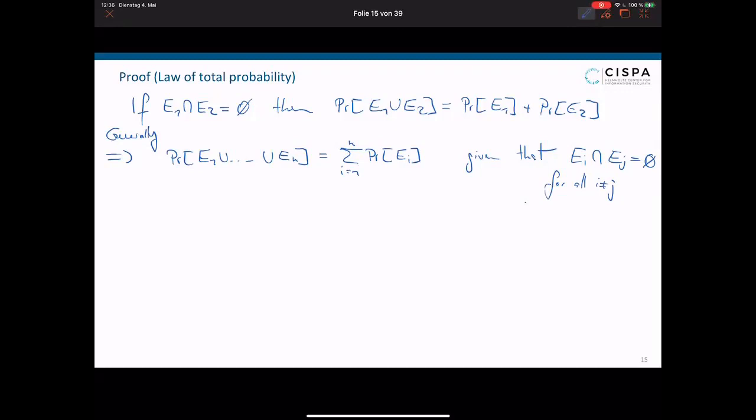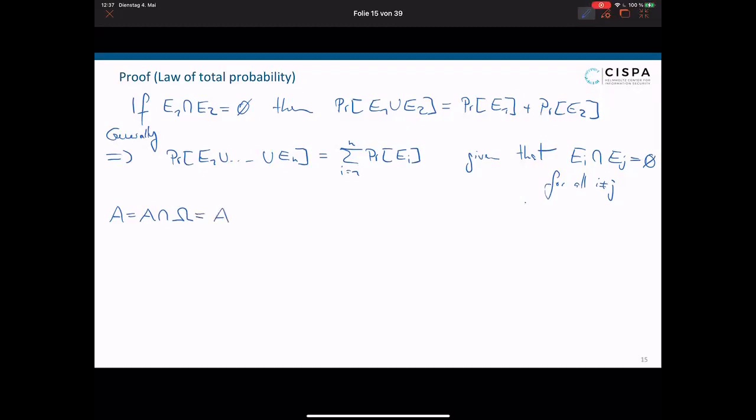Okay. So now using elementary set arithmetic, we have that our event A is just A intersect omega, right? Omega is the entire space. We know that A must be somewhere in omega because omega is the ambient space.